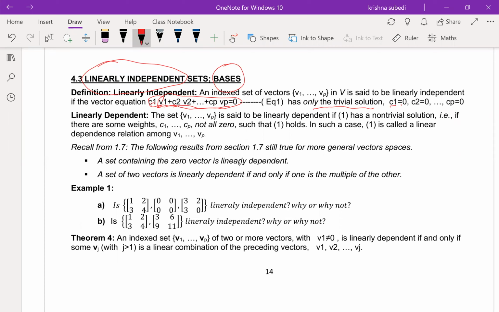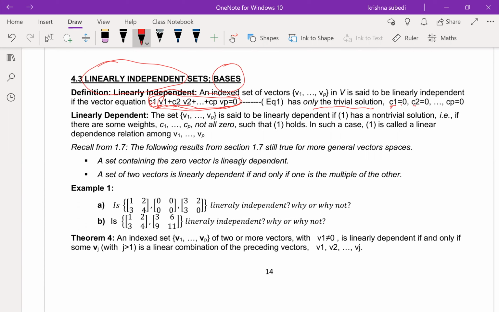And then if this equation is 0 without all of these scalars individually being 0, then we call them a linearly dependent set. We learned many different methods to check whether the given sets are linearly dependent or independent.